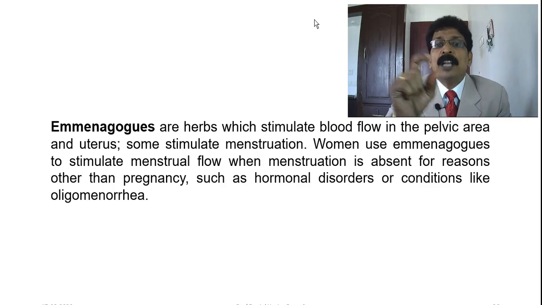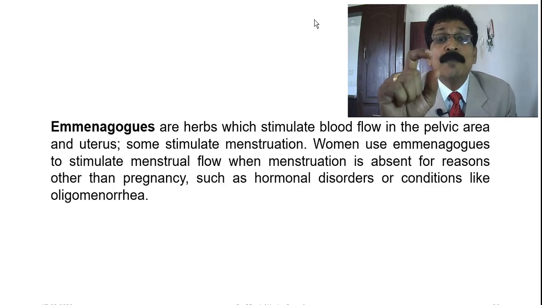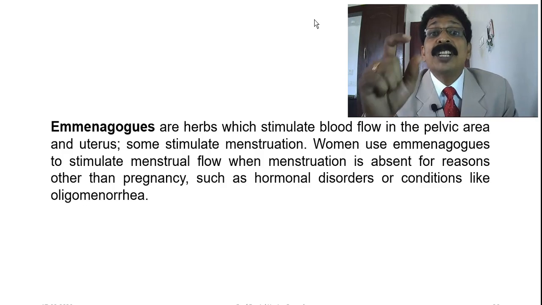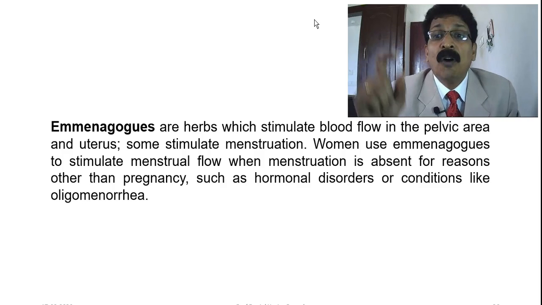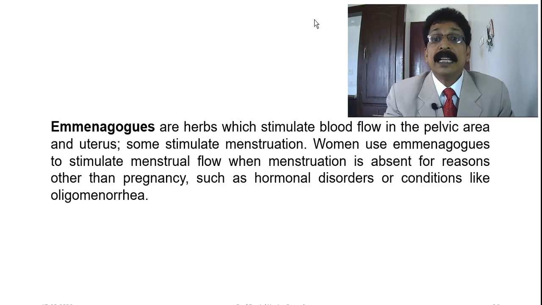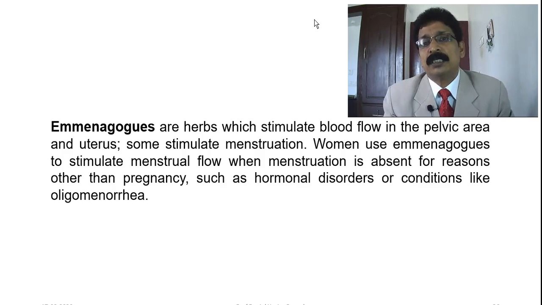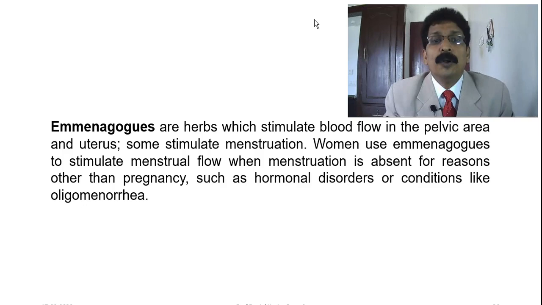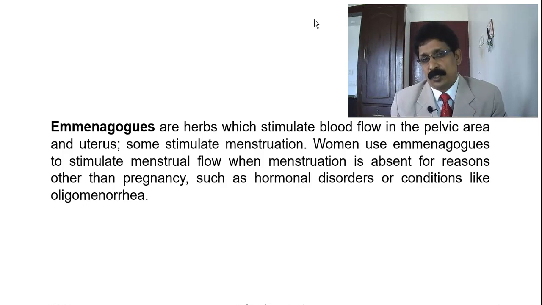Some stimulate menstruation. Women use emmenagogues to stimulate menstrual flow when menstruation is absent for reasons other than pregnancy, such as hormonal disorders or conditions like oligomenorrhea. So these plants will help.